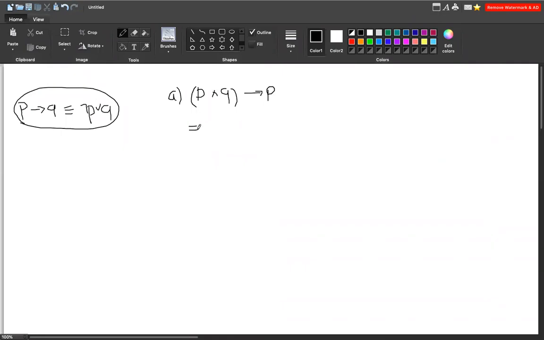We can reduce it down, use this again. So consider this part as P. So negation of this whole part, P and Q, this statement over here, or this P.